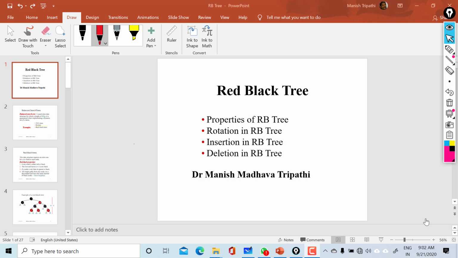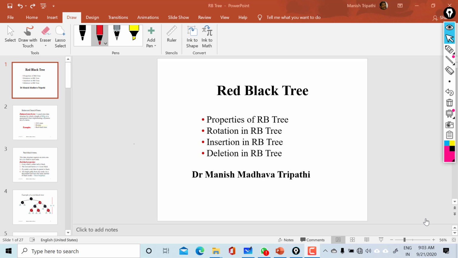So there are many algorithms for balancing the binary search tree. One of the main algorithms is the red-black tree. Besides the red-black tree, the AVL tree is also there to balance the binary search tree.